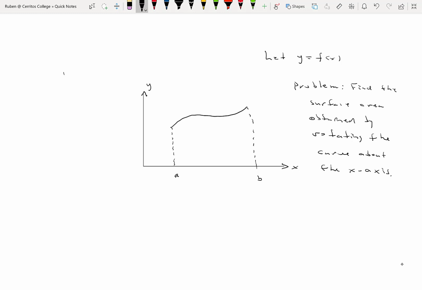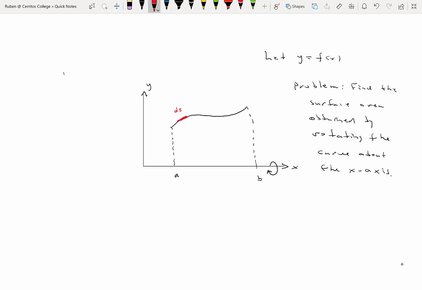Okay, so I use a symbol that we use real commonly in Calc 1 for revolution. I'll put a little circular arrow going around the x-axis to indicate we're going about the x-axis. And the idea is very much the same as the idea for arc length. We imagine dividing up the curve. Before spinning it about the x-axis, we divide up the curve into an infinite number of little arc lengths ds.